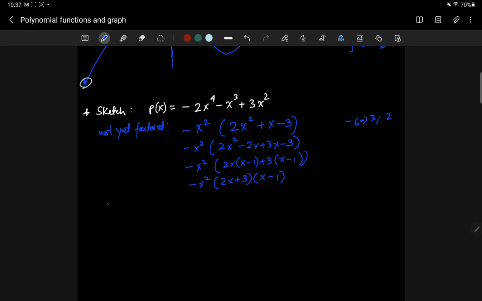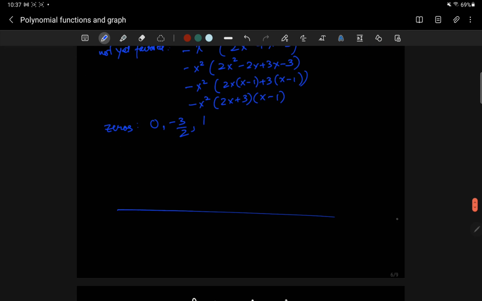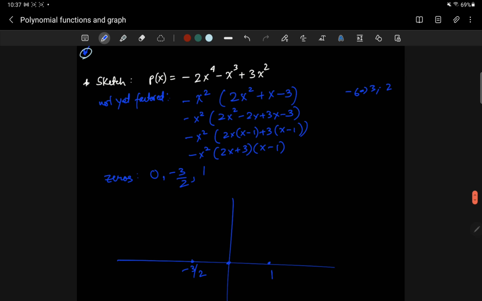Okay, so I get that my zeros now are 0, negative 3 halves, and positive 1. So there's a 0, there's a negative 3 halves, and there's a positive 1.